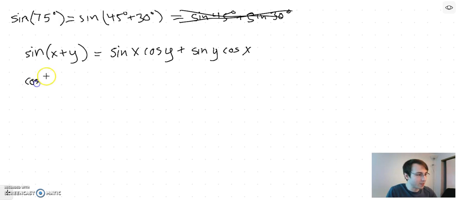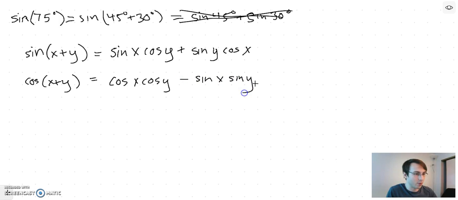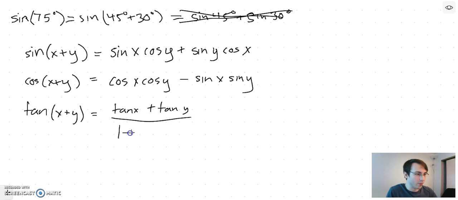So cosine of x plus y is equal to cosine x cosine y minus sine x sine y, and tangent of x plus y equals tangent x plus tangent y all over 1 minus tan x tan y. We'll talk about how to remember these in a second, but for now let's carry this through.